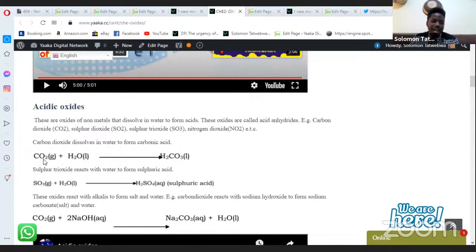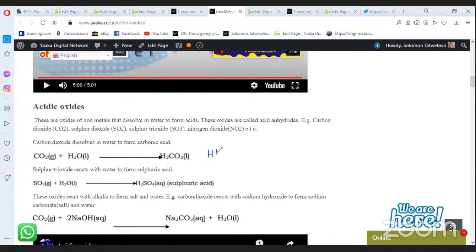So for example, when carbon dioxide is dissolved in water, it forms carbonic acid. You see, carbonic acid contains hydrogen ions and carbonate ions when it is in solution. So these hydrogen ions are very, very key in us naming a gas, whether it is acidic or not.